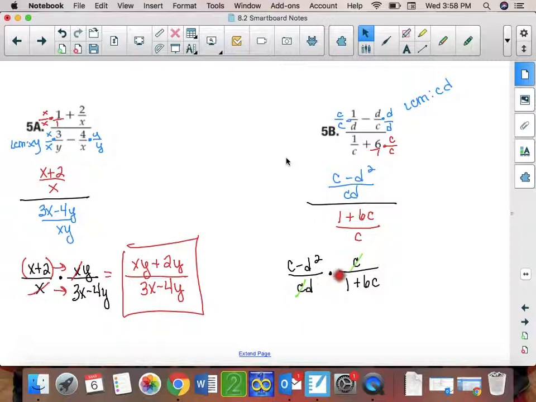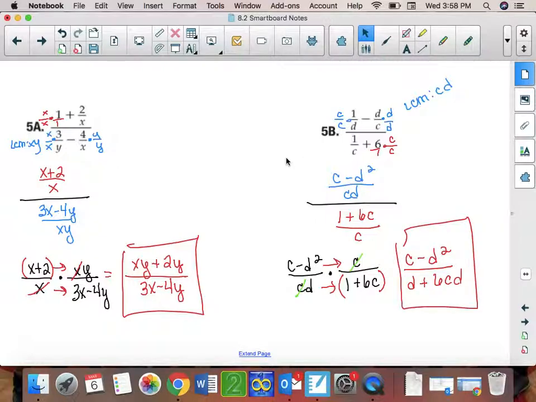So I can cancel things that are the same when it's a monomial. And then I'm going to multiply across the top and multiply across the bottom, and that is a binomial. So I have c minus d squared over d plus 6cd, and that would be my final answer.